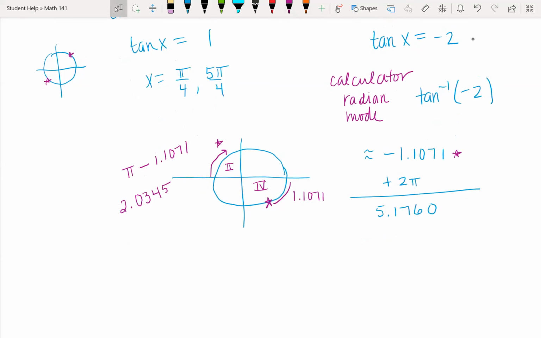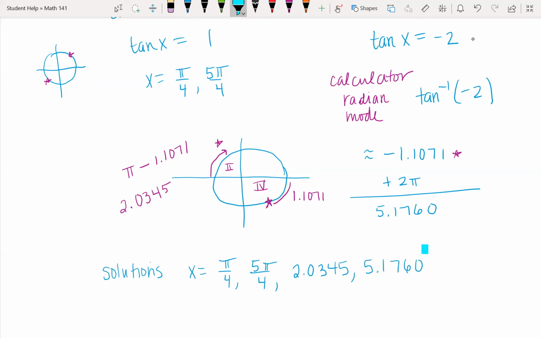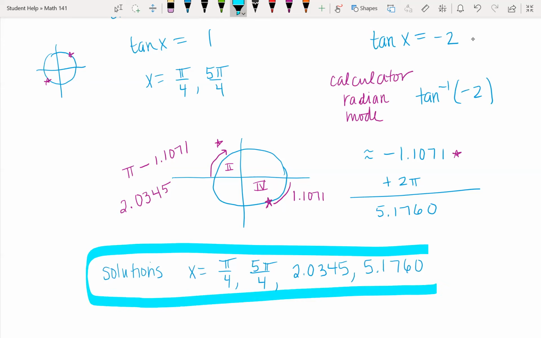So all my solutions, putting them all together, x equals pi over 4, 5 pi over 4, 2.0345, and 5.1760. Even though there aren't pi symbols written in them, when I have a number without a degree symbol, that is a radian measurement.